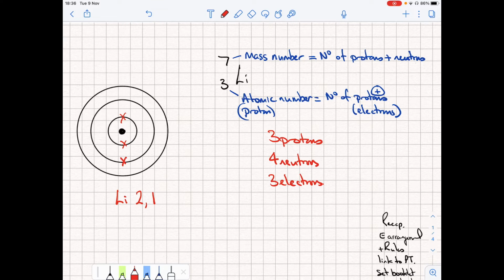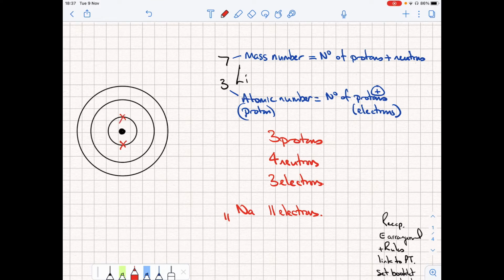Let's pick a different element. Let's jump down to sodium. So sodium has 11 electrons. Its atomic number is 11. And if I'm going to do 11 electrons, let's get a bit of room for it. If I'm going to do 11 electrons, remember the first one holds 2 and then it's full.